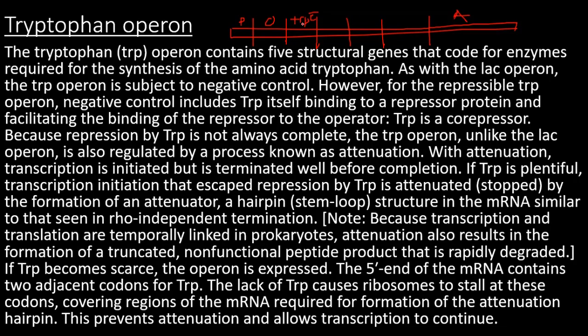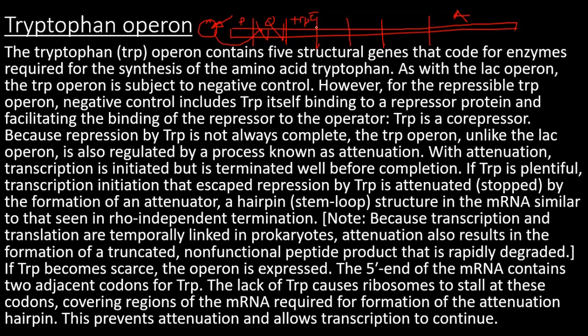Okay. So if tryptophan is plentiful, this is what occurs. So this is the repressor. If tryptophan is present, it will bind to the repressor, and once bound, this repressor will bind to the O site.